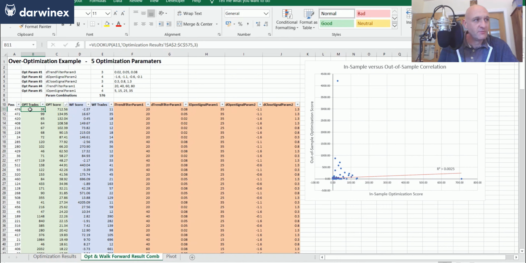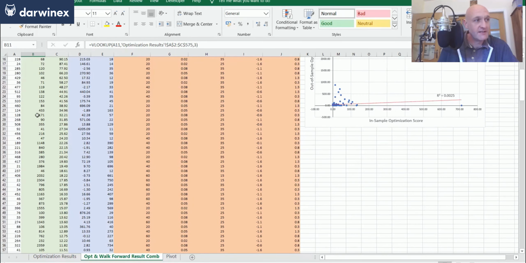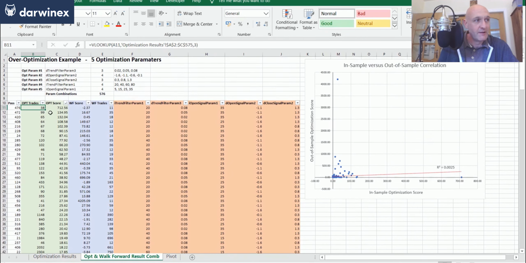Now this is something that often happens when you concurrently optimize 2 parameters from the same indicator, and those values will often combine to give you very low sample sizes. And so this is the second warning flag that this optimization might not be everything that it appears to be because of the extremely low sample sizes in a lot of these parameter combinations.